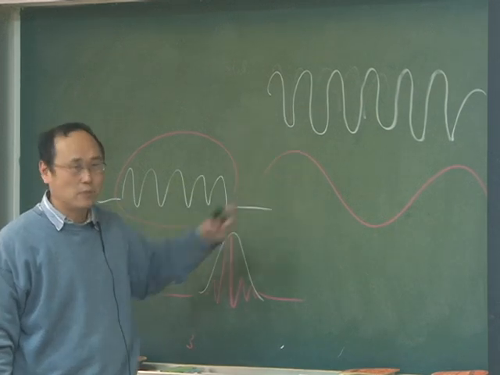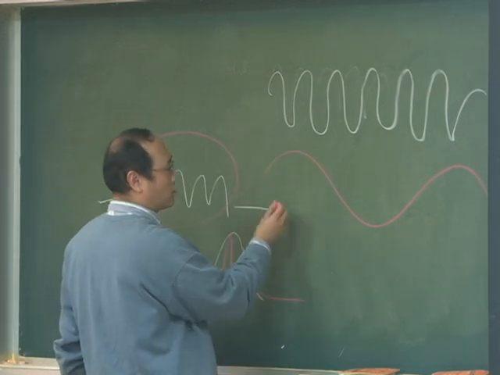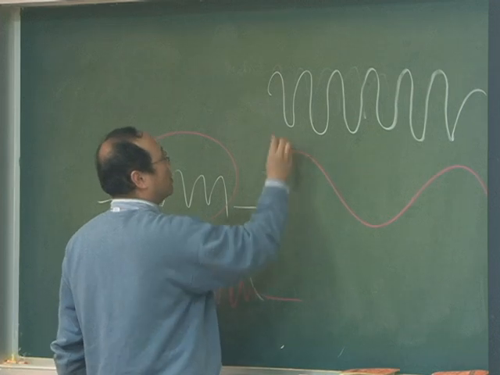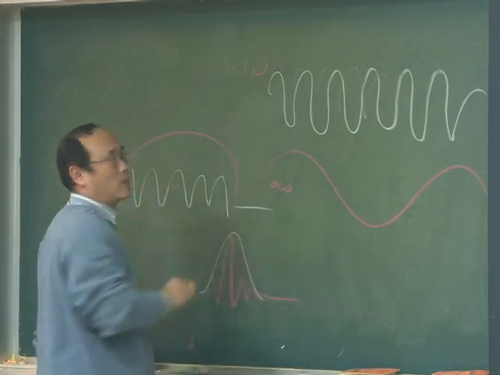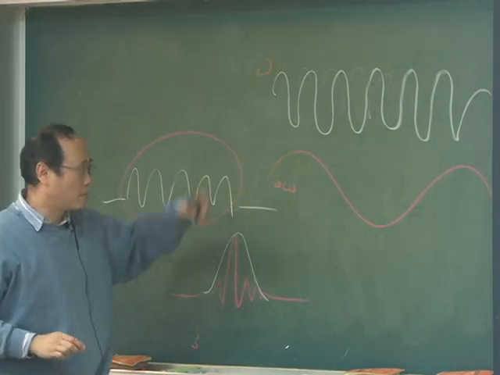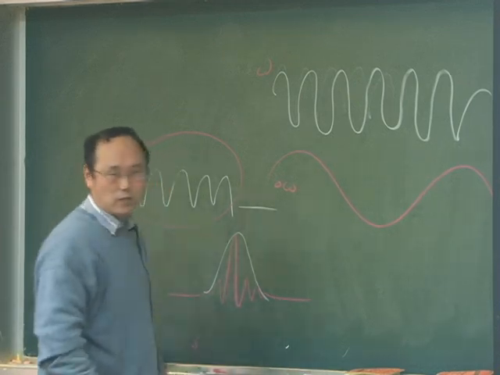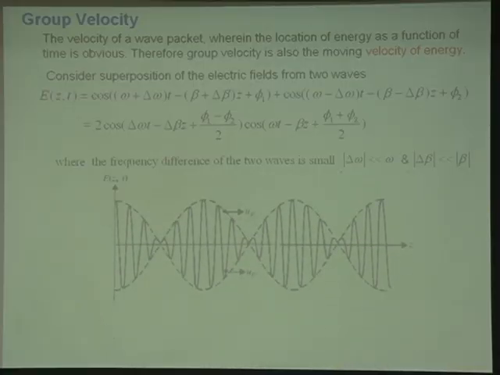The frequency associated with this is delta omega, and the frequency associated with this is omega. Once you multiply them together, you end up with this kind of wave, and you have an envelope outside this phase oscillating field.